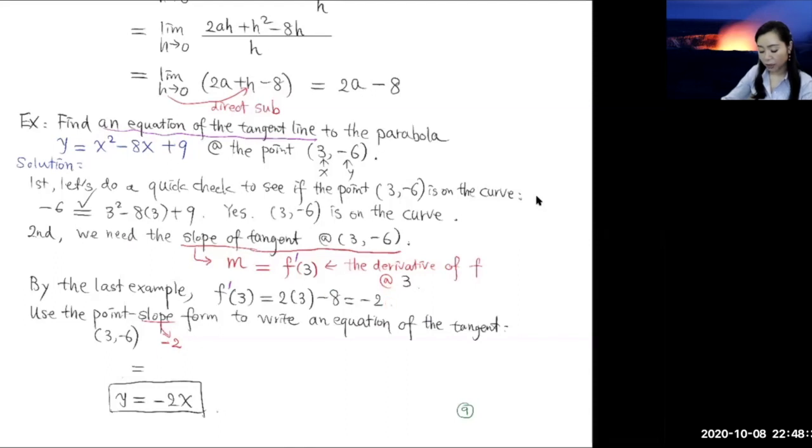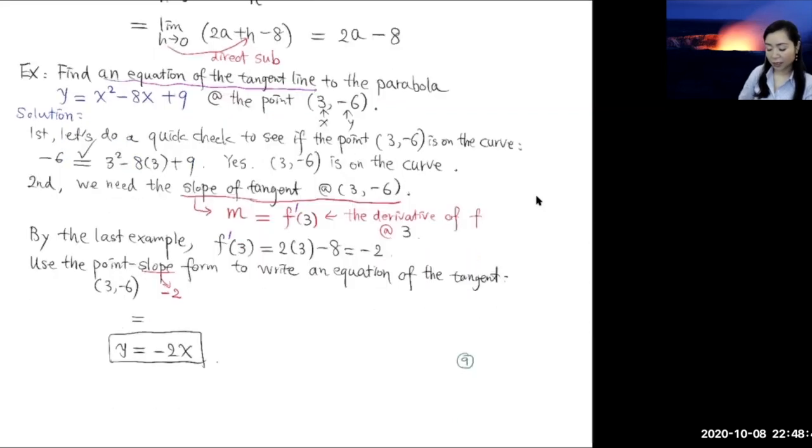Once you get the slope, you can use the point-slope form to write the equation of the tangent. So it will be y minus negative 6 equals negative 2 times x minus 3. Isolating y, we get y equals negative 2x. This is the equation of the tangent line in slope-intercept form.